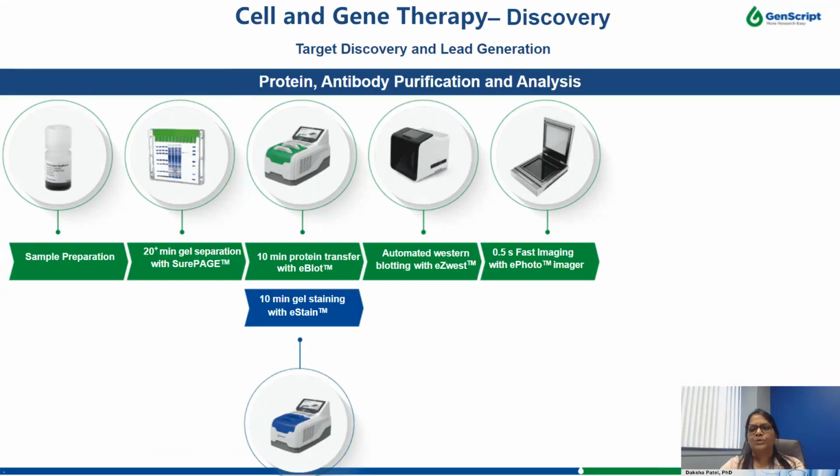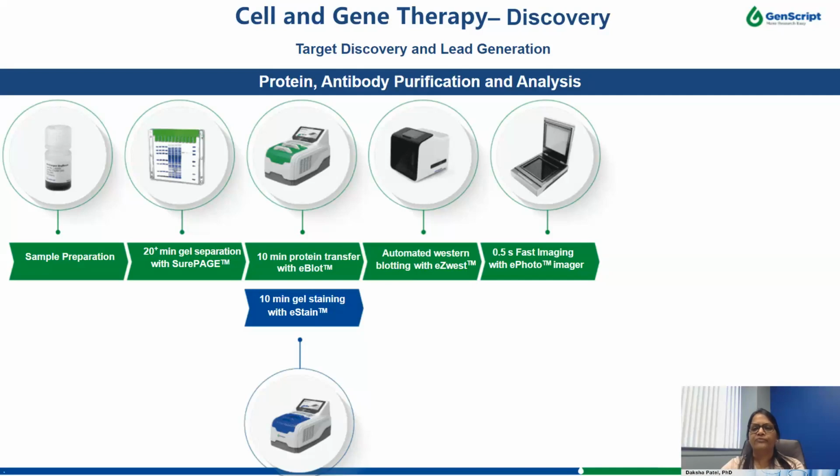Target engagement and antibody biomarkers help to understand the relationship between the genotype and the phenotype, and SDS-PAGE and Western blotting are the most commonly used techniques, yet it is difficult to get consistent quality results.